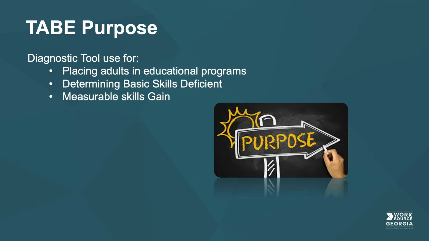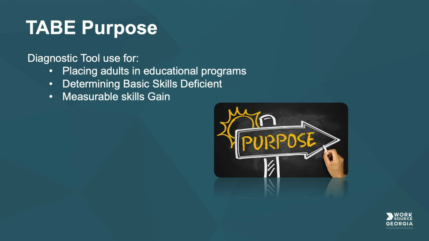The TABE is also used by public service agencies who are guiding people into adult education programs, such as a high school equivalency or going to trade school. In this instance, the public service agency uses TABE as a tool to assess adults for placement in education and training programs. And that's how the Office of Adult Education uses TABE.